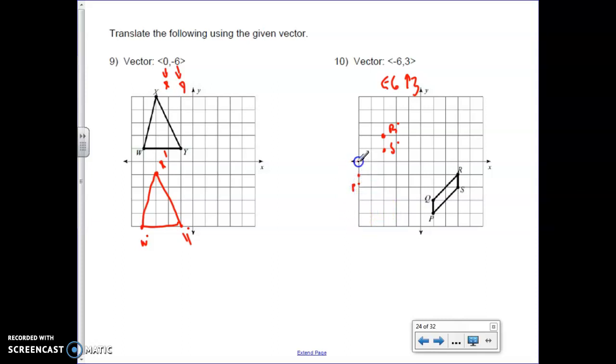And then Q prime is going to be right above it. And that's what your shape would look like. If you guys could try the next couple for me, that would be great. And this is what they should look like.